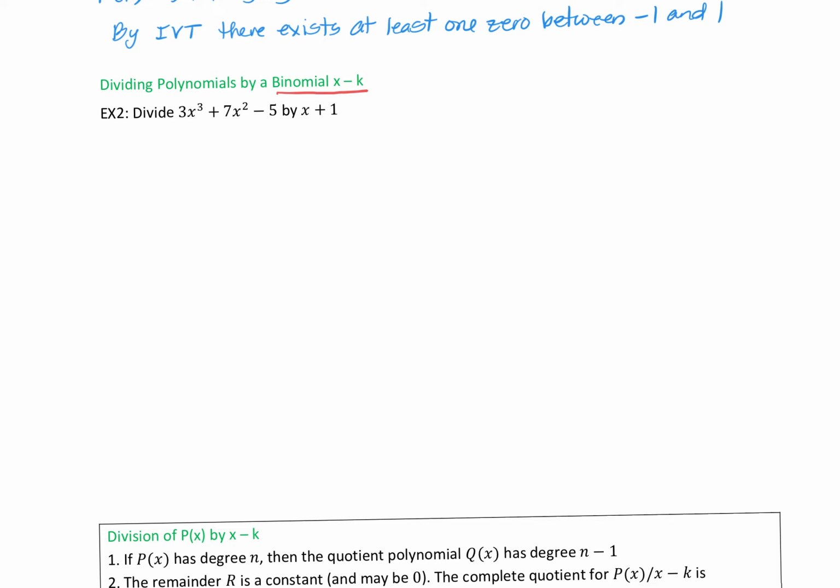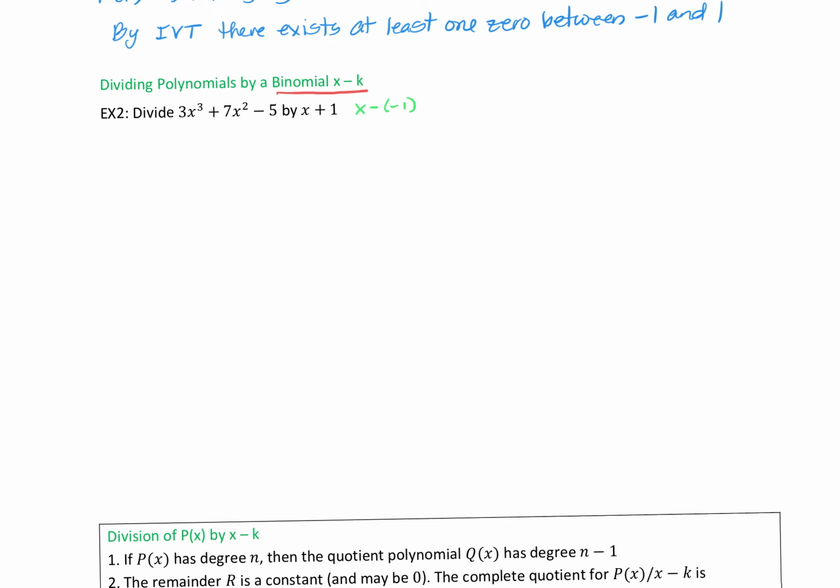So this can be written in that form. It would be x minus a negative 1. So in this case, our k value is going to be -1. So I am dividing by this binomial x plus 1. So at this point, what we need to do is review long division of polynomials.